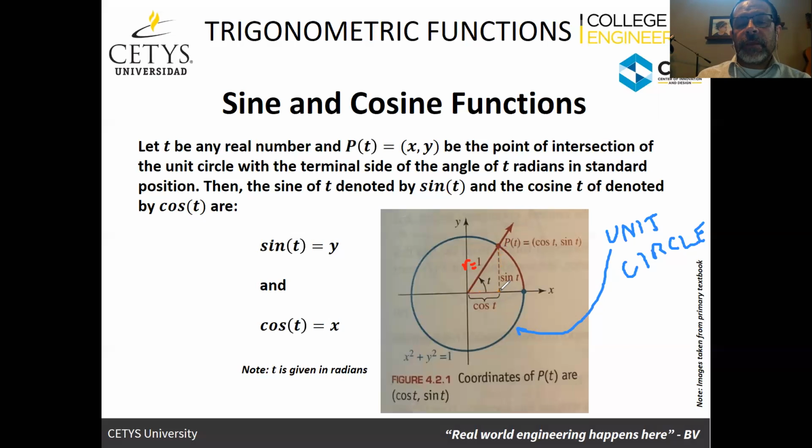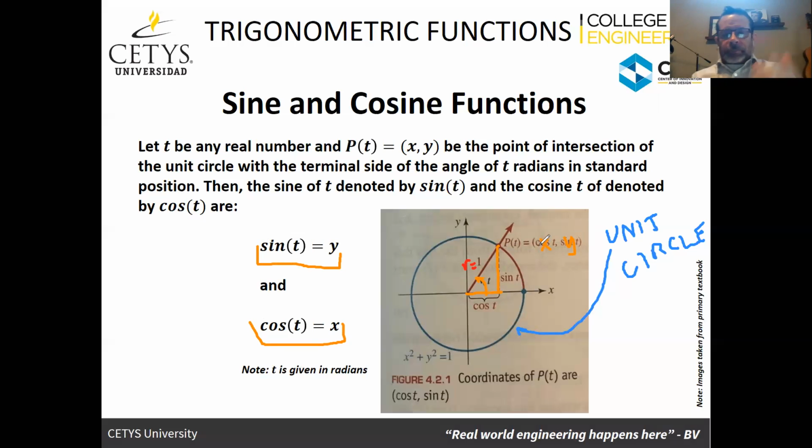And so for that right triangle generated for a unit circle for an angle t, we define the sine of that angle as y, which is the y coordinate, and we define the cosine of that triangle as x.